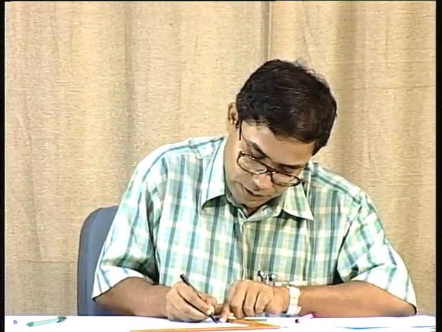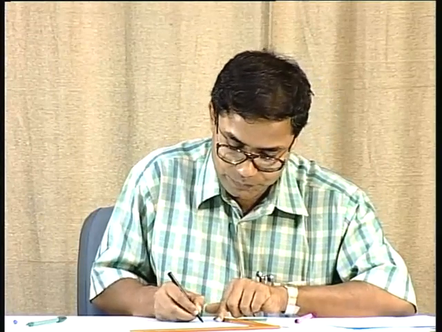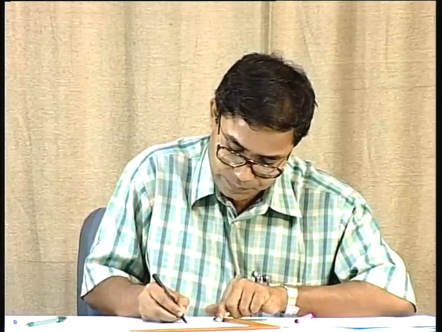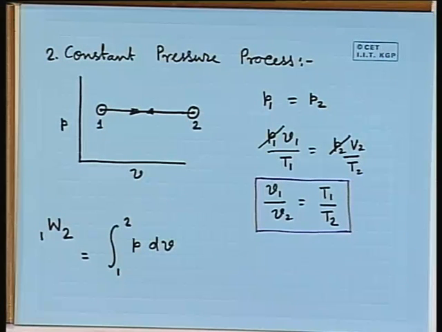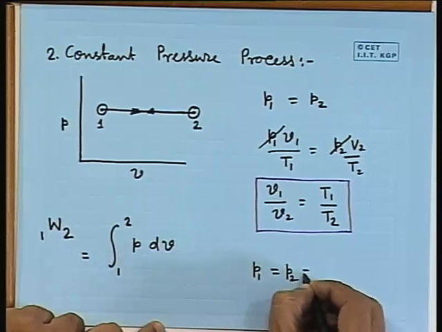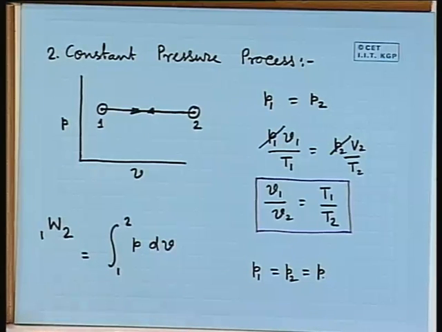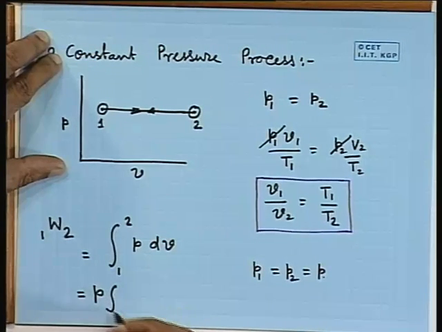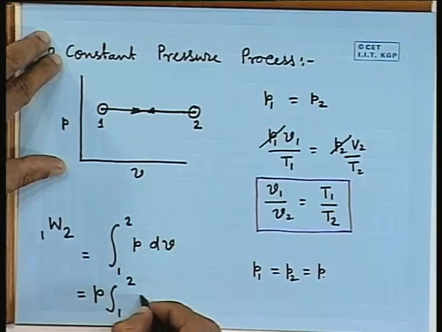Then next we can determine the work done. W1 to 2 is equal to integral 1 to 2 P dV. Here P remains constant, actually P1 is equal to P2 is equal to P at any point during the process. So, one can take this P outside the integration sign, and integral 1 to 2 dV.